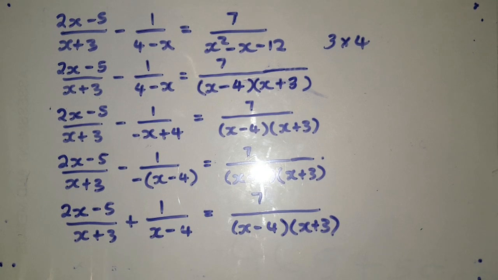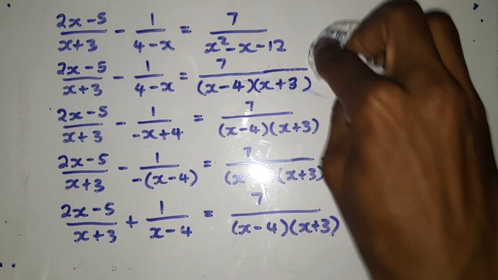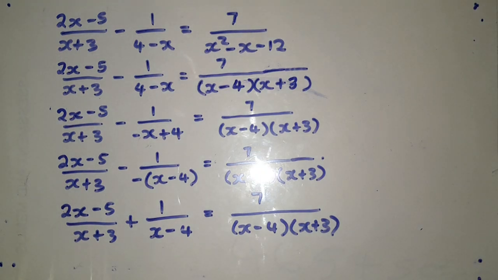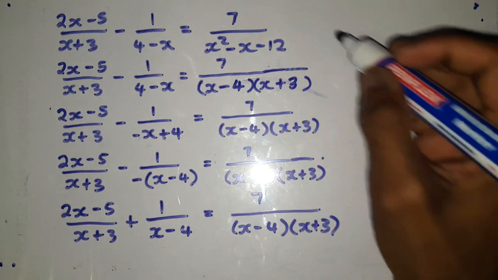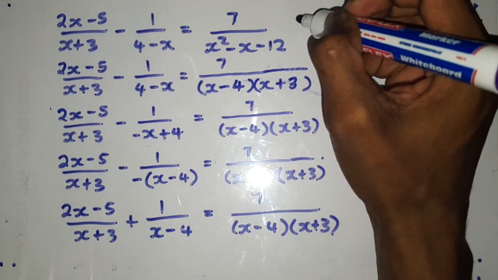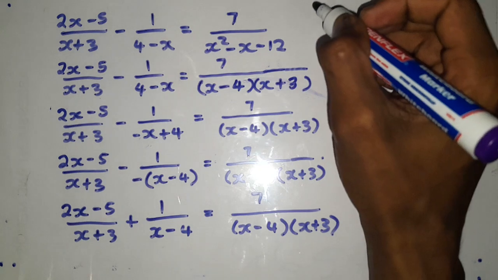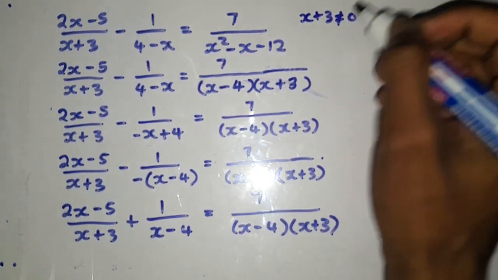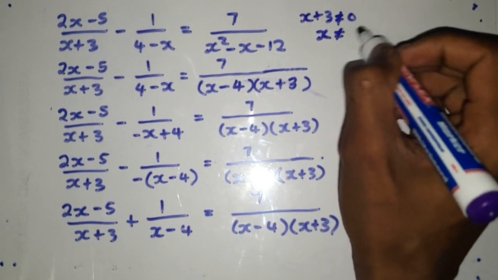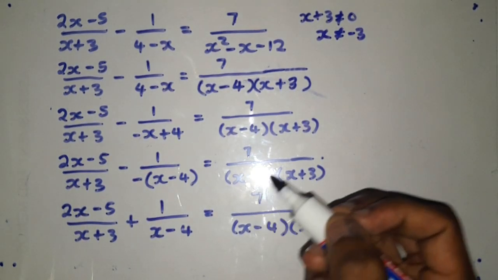We can now figure out our restriction firstly. Let us do our restriction. I'm going to erase because I don't have much space. As for our restriction, let us start with x plus 3. x plus 3 should not be 0, so x should not be negative 3.